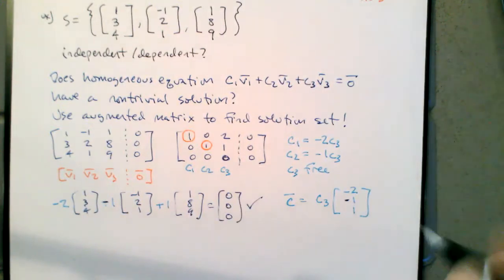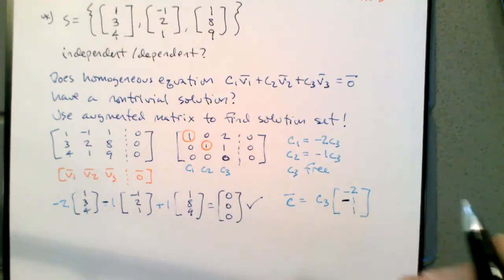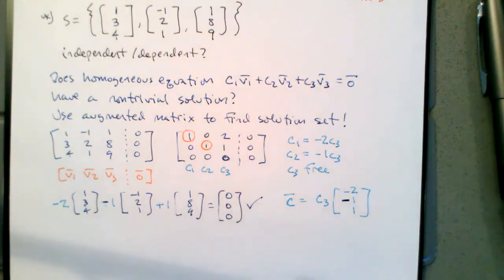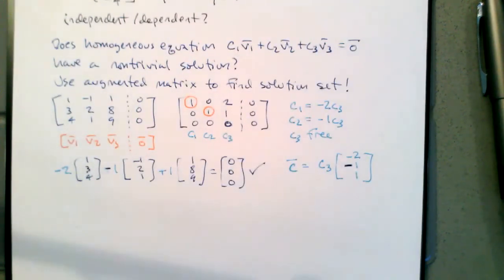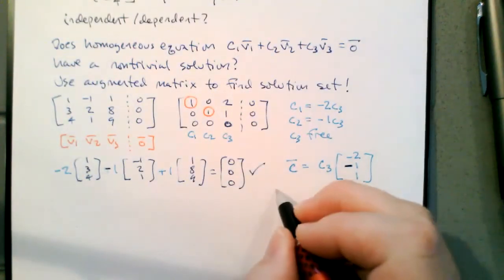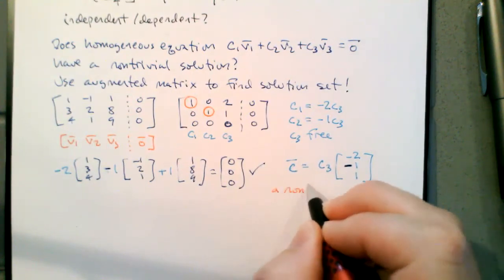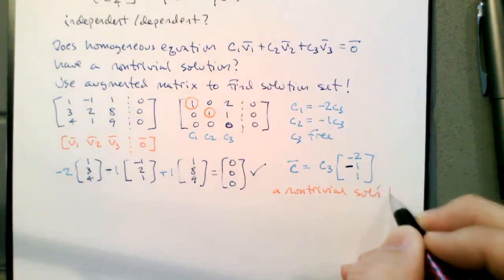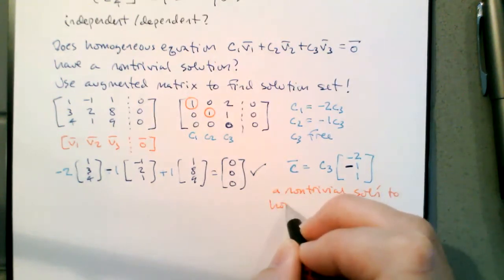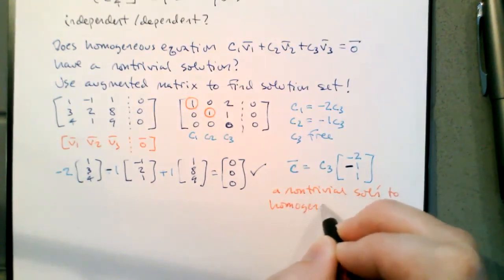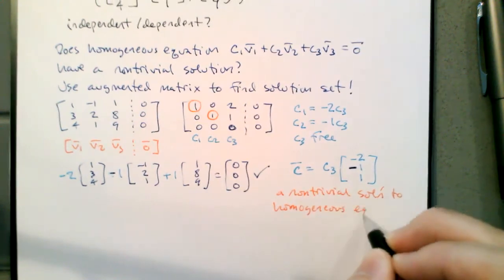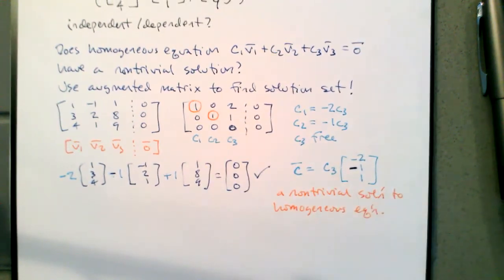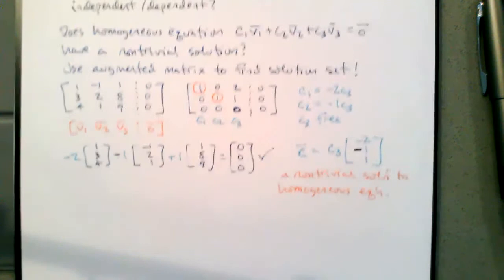So -2, -1, 1 is a non-zero solution, a non-trivial solution to the homogeneous equation. Therefore, based on all this, we conclude that the set of vectors is linearly dependent.